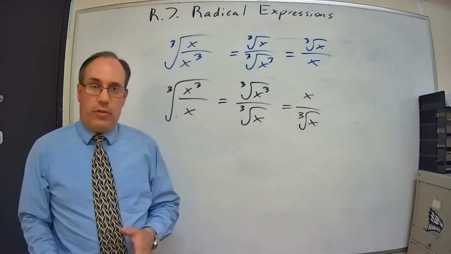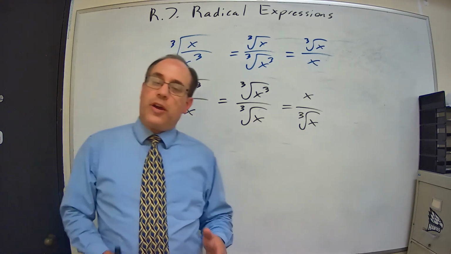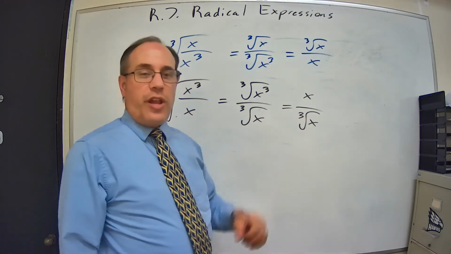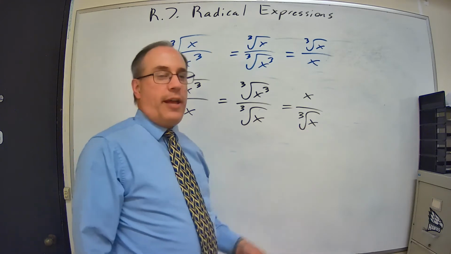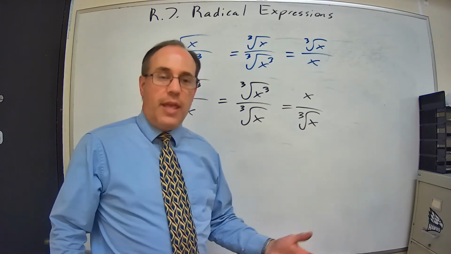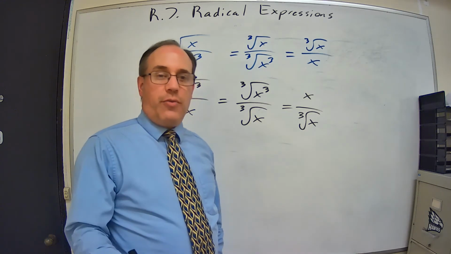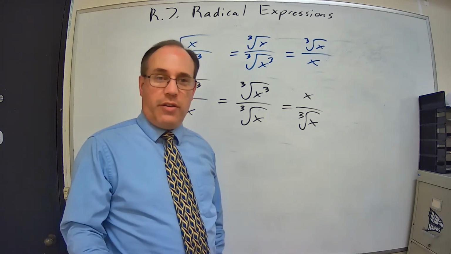Now be careful, because this is where I see people make mistakes. They know, oh, if you want to rationalize the denominator, just multiply it by itself and it gets rid of it. That only works if you're dealing with squared.